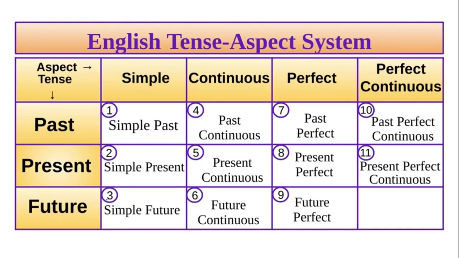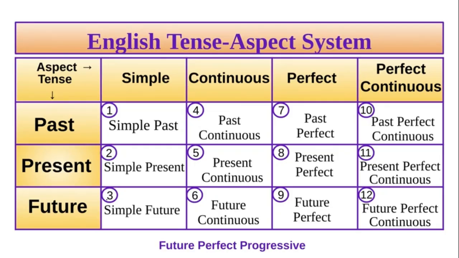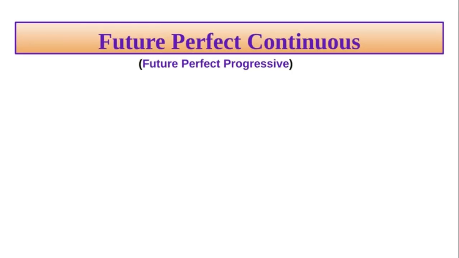We made it to our 12th English tense aspect combination. Let's finish strong with the future perfect continuous, also called future perfect progressive.